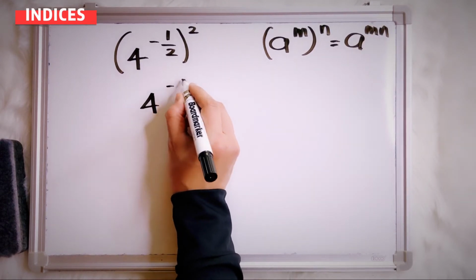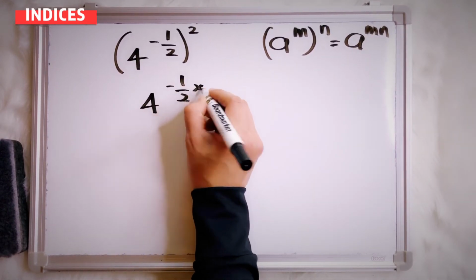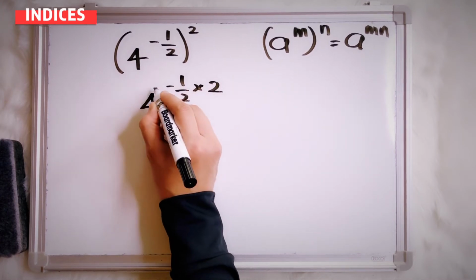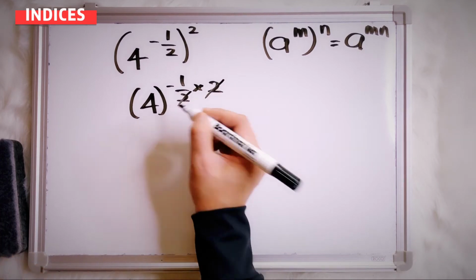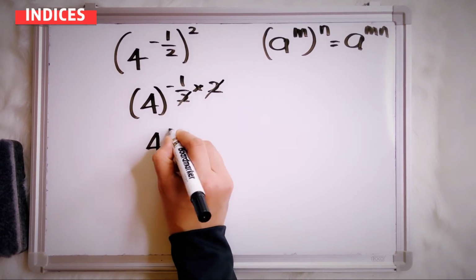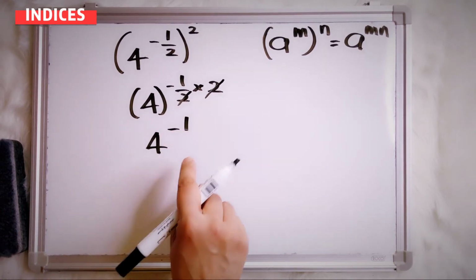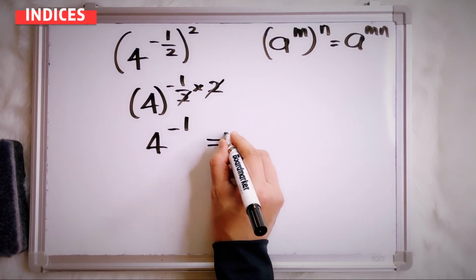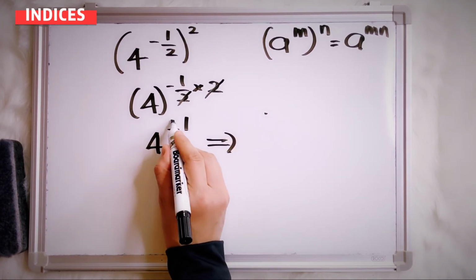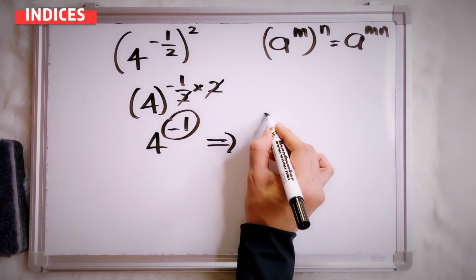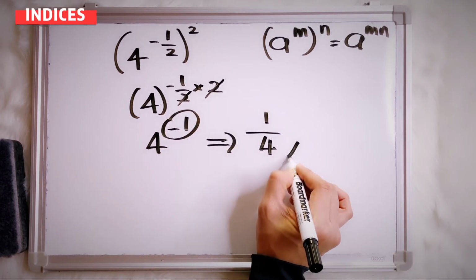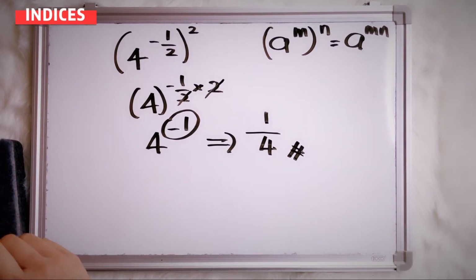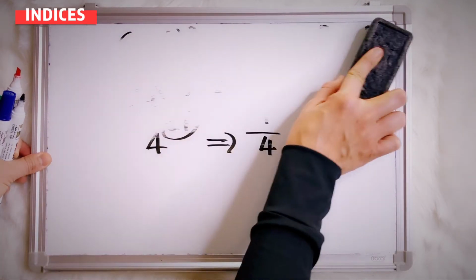So same here, negative 1 over 2, you multiply with 2. So that means here is 4 to the power of negative 1. So this means when you see the index is negative, you have to put 1 over 4. Okay, now next.